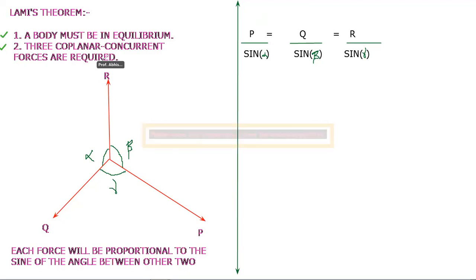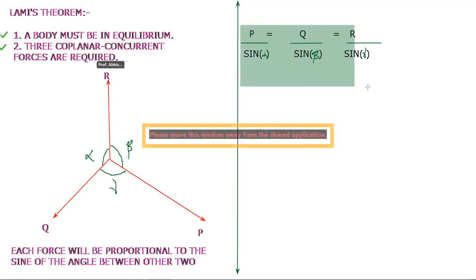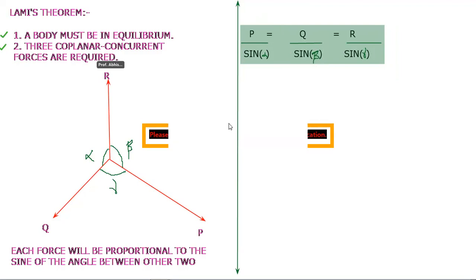So I hope that you have understood the statement of the Lamin's theorem and how we can apply this statement to three forces which are concurrent and coplanar in nature. This is nothing but the outcome of the sine rule.